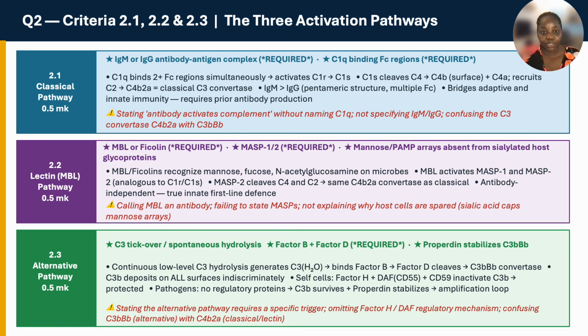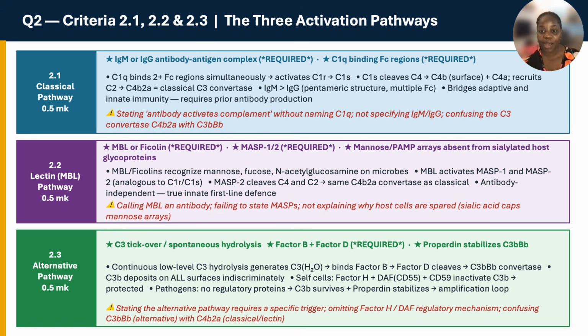Okay, criterion 2.2, the lectin pathway. Here the most important term is MBL. You should indicate the trigger is MBL, mannose-binding lectin. You can also use mannose or ficolin as the recognition molecules.